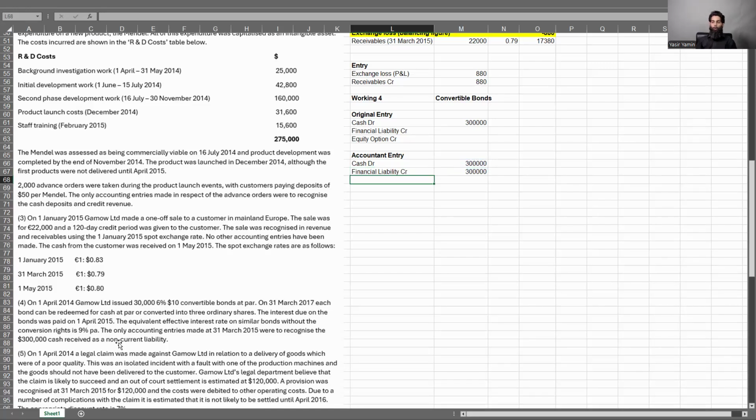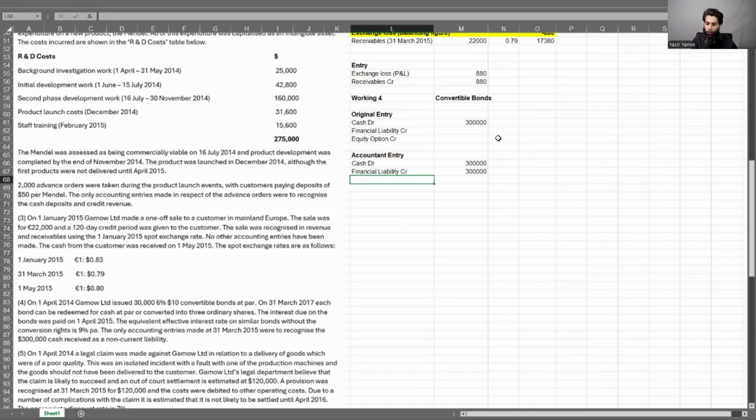You guys tell me. You should have made the accounting entry cash debit, liability credit, equity option credit. Your accountant has not credited any equity, but only recognized the liability. This is not correct accounting.